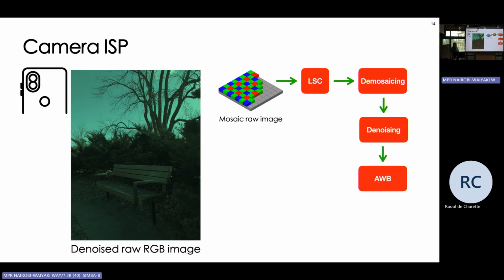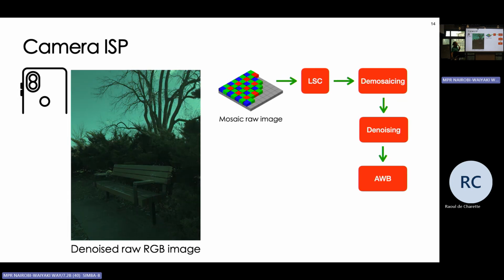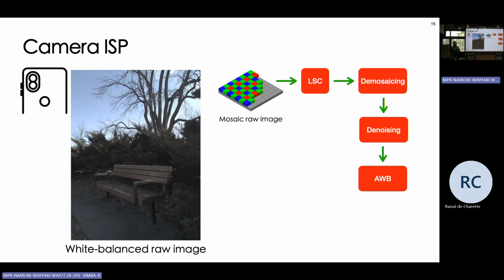And then we have the AWB stage, where we are trying to do the automatic white balance correction for this image. You can see the difference between before and after. Auto white balance correction is mainly trying to remove this kind of unwanted bias in the image.